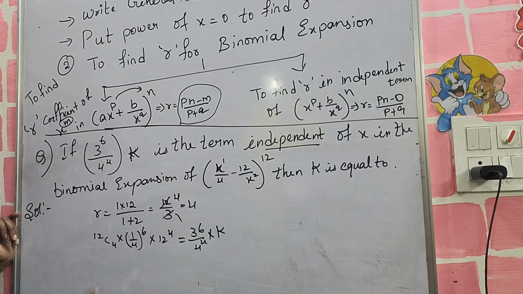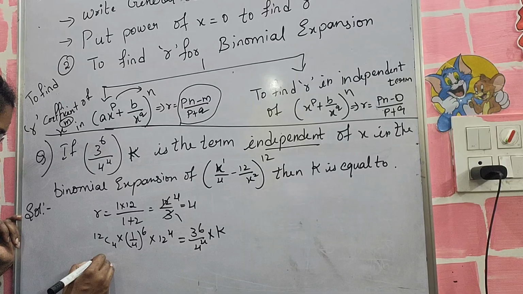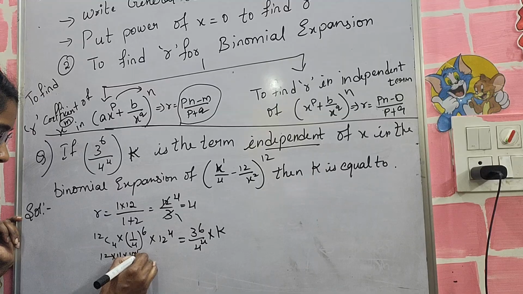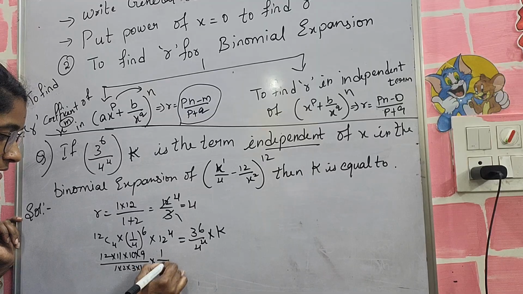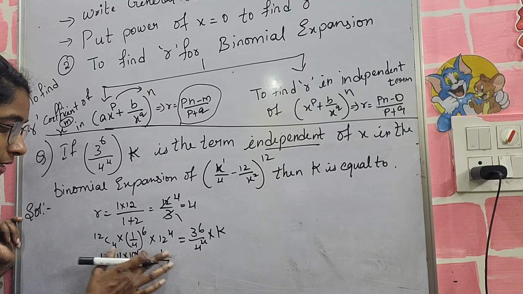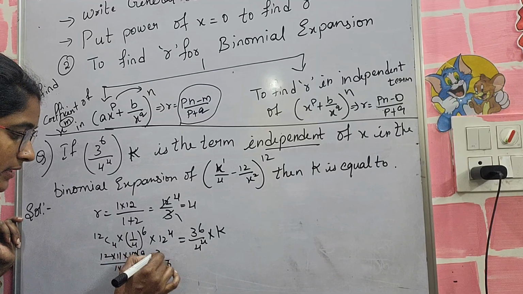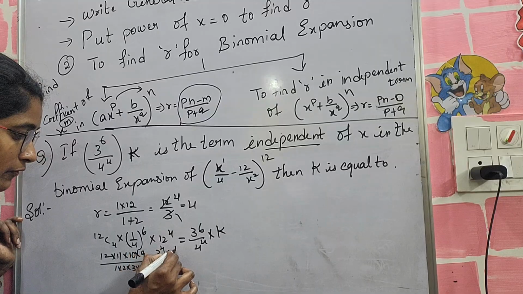So how much am I going to get here? How can I write 12C4? 12, 11, 10 and 9 by 1, 2, 3, 4, into 1 by 4 power of 6, and 12 I can write as 3 power of 4 into 4 power of 4.